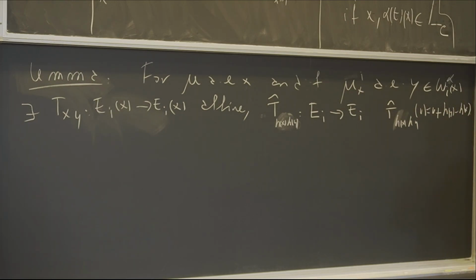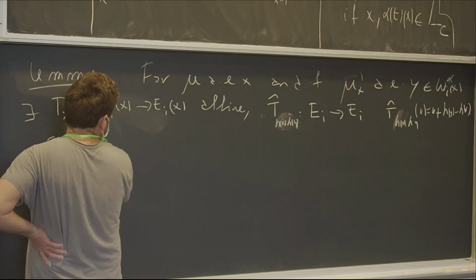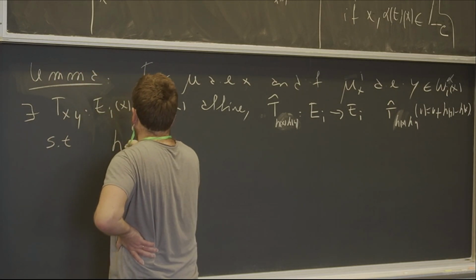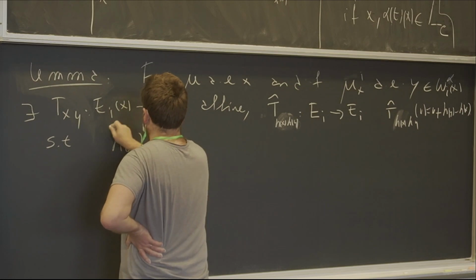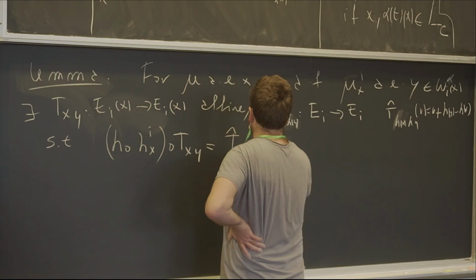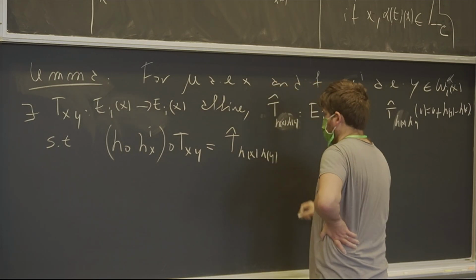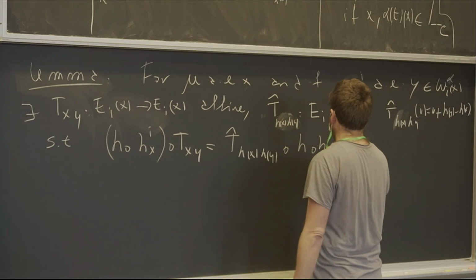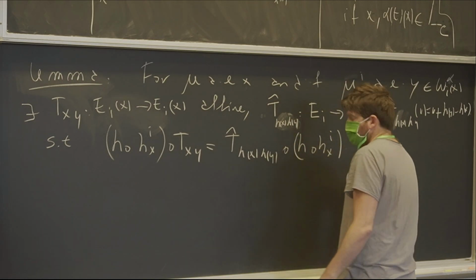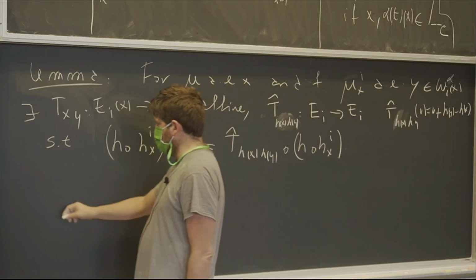So it should send 0 to h_y minus h_x, so this is correct, such that h compose h_xi compose T_xy is T hat_xy compose the same guy. Good.